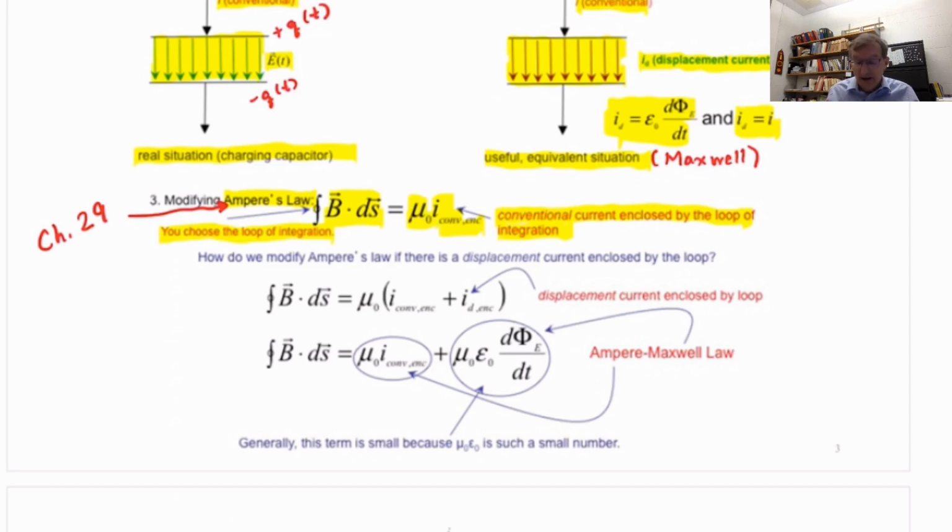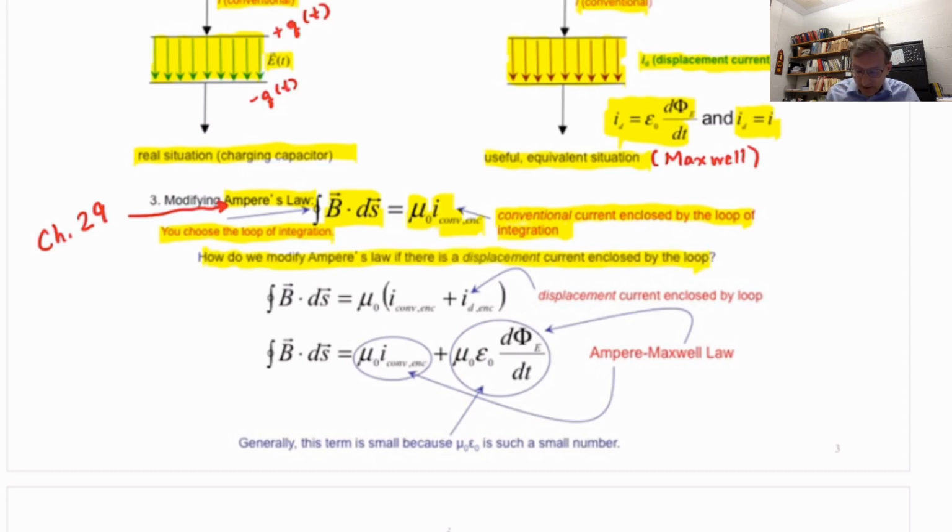And what Maxwell realized is, well, we have kind of a new kind of current, displacement current, which is really just going to arise whenever you've got a changing electric flux through your loop. But what Maxwell argued is, just like conventional current produces magnetic field, displacement current can produce magnetic field. And so all you have to do to get the correct new version of Ampere's law is include another term on the right-hand side.